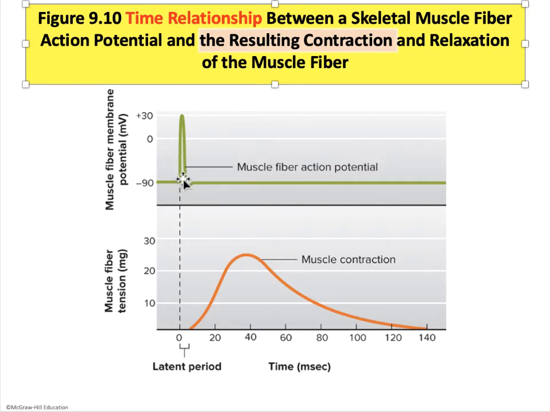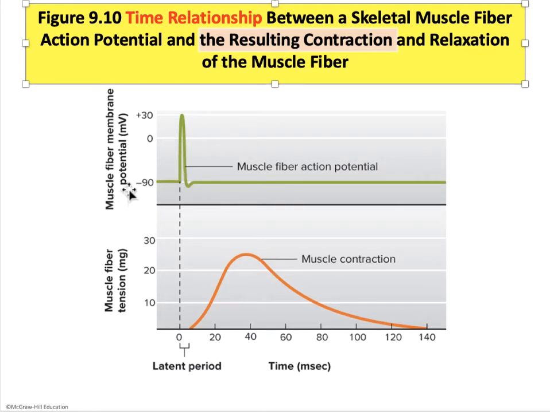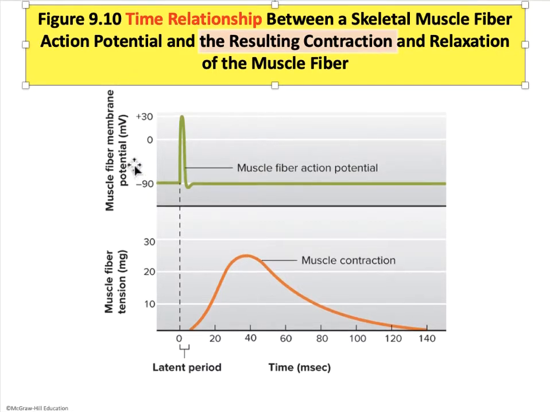The top one is basically telling us the membrane potential developed on the surface of the muscle cell. You can see that the muscle cell is normally minus 90 millivolts internal, and it can become positive 30 millivolts internal due to nerve activity. And that is called an action potential.